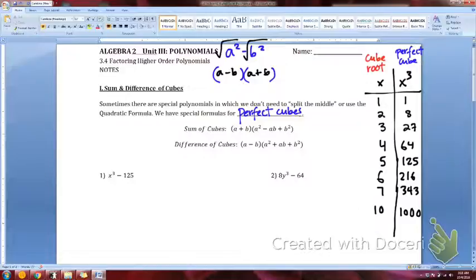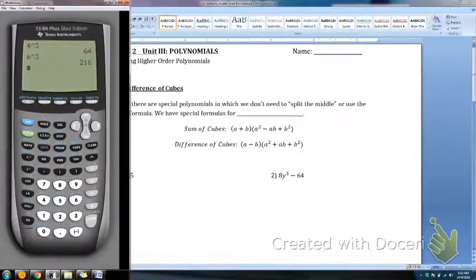Now the question is, how do you go the opposite direction? What if you were trying to figure out whether 496 is a perfect cube? Let's pull up our calculator. Watch carefully where my mouse is going.